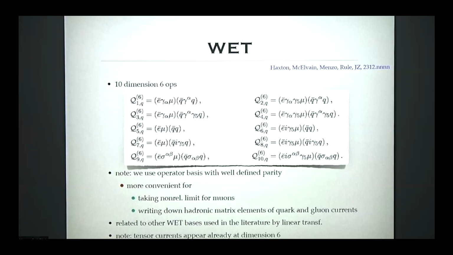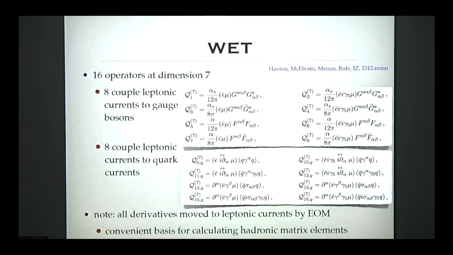And the other thing that I should really point out is that here, the tensor operators really appear at dimension 6. Okay. Then at dimension 7, there are 16 operators. There are 8 which couple leptonic currents to the gauge bosons, so either gluons or photons.